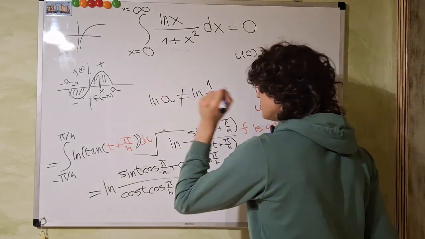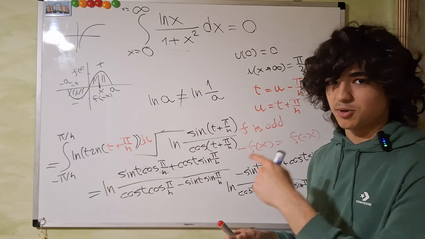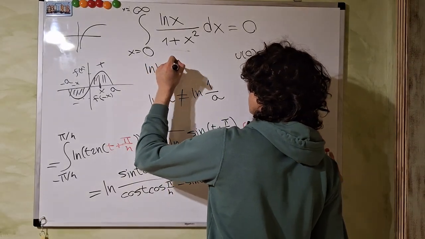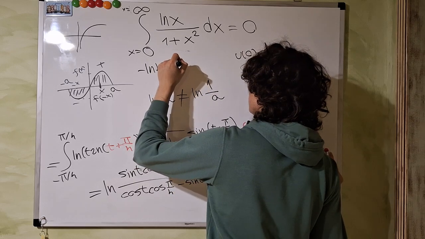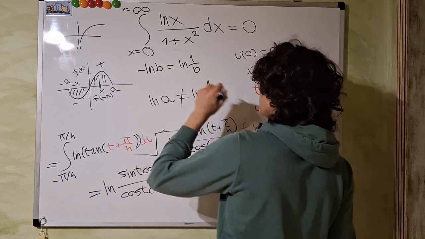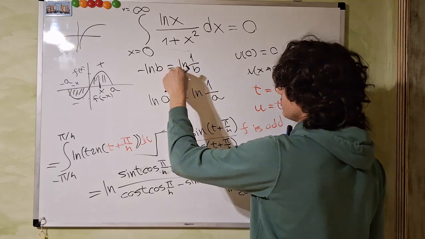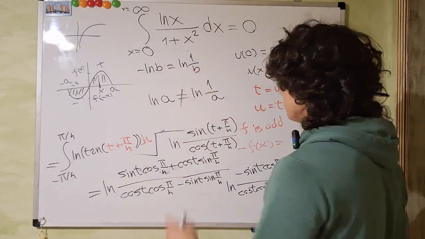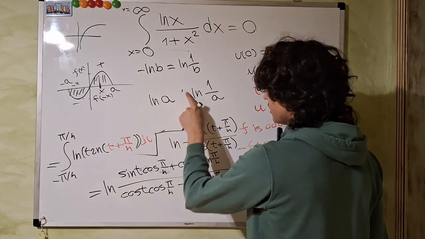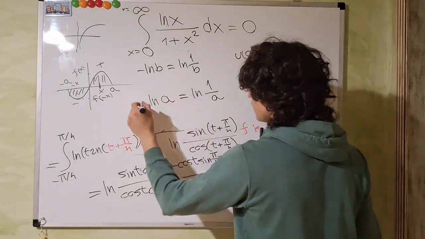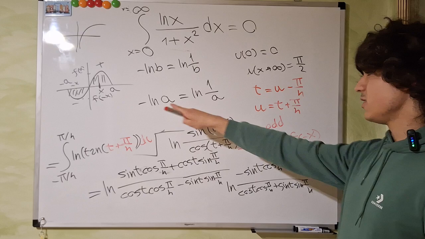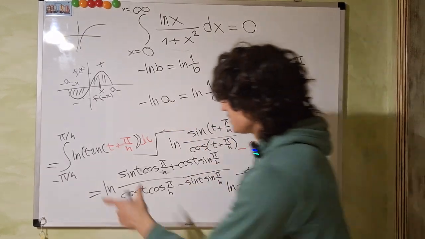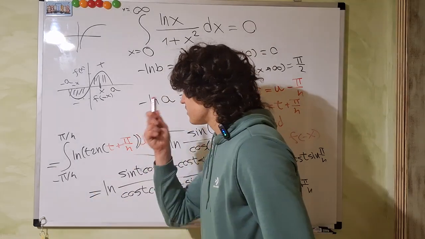Is this equal? It is not. But we can use the property of logarithms that minus ln of b equals ln of 1 over b, because this is b to the minus 1, and you can put the minus 1 in front. So using this, we can say that these are not equal, but these are opposite. This is equal to minus ln of a. So the function inside this integral here is an odd function.